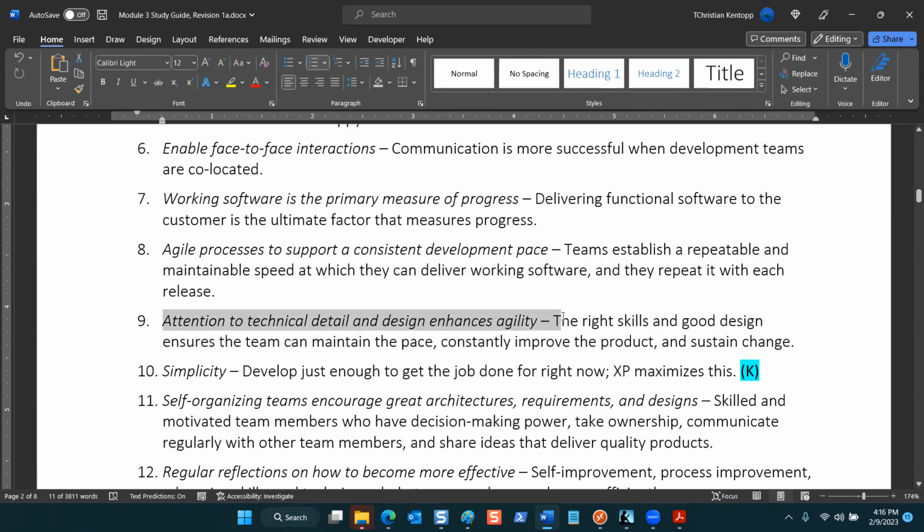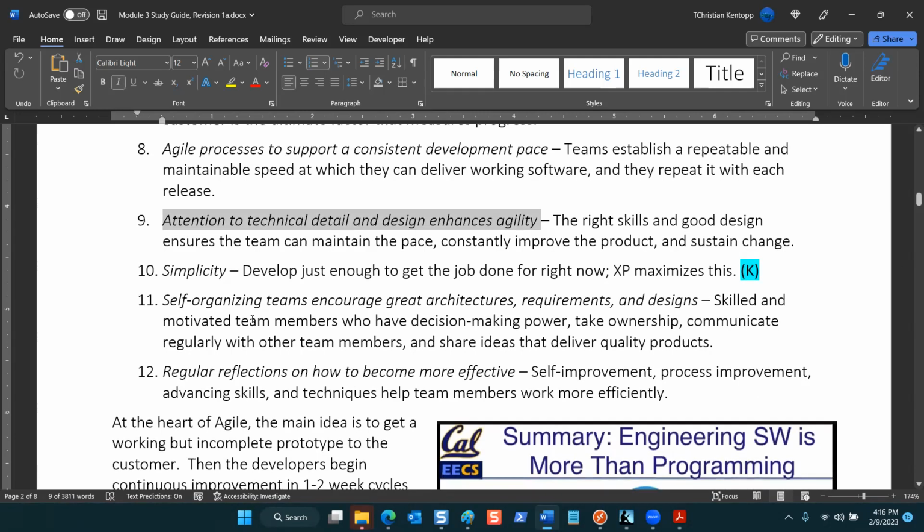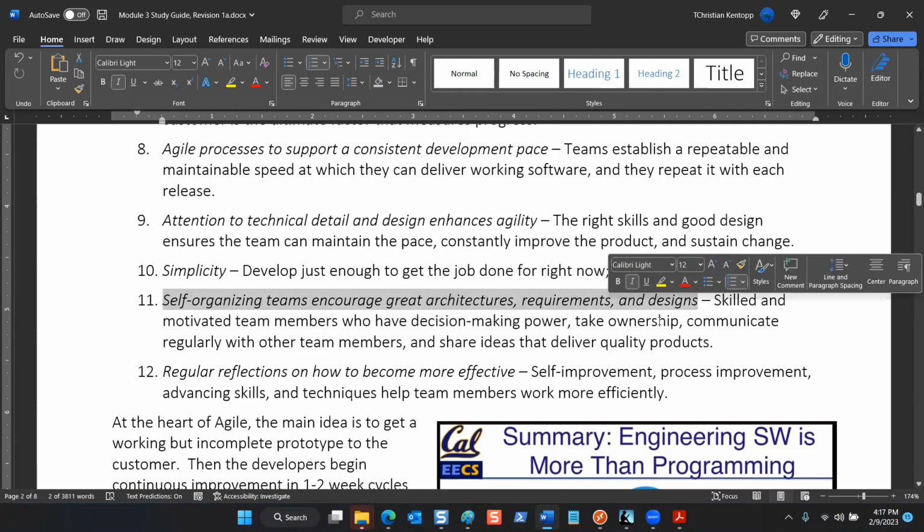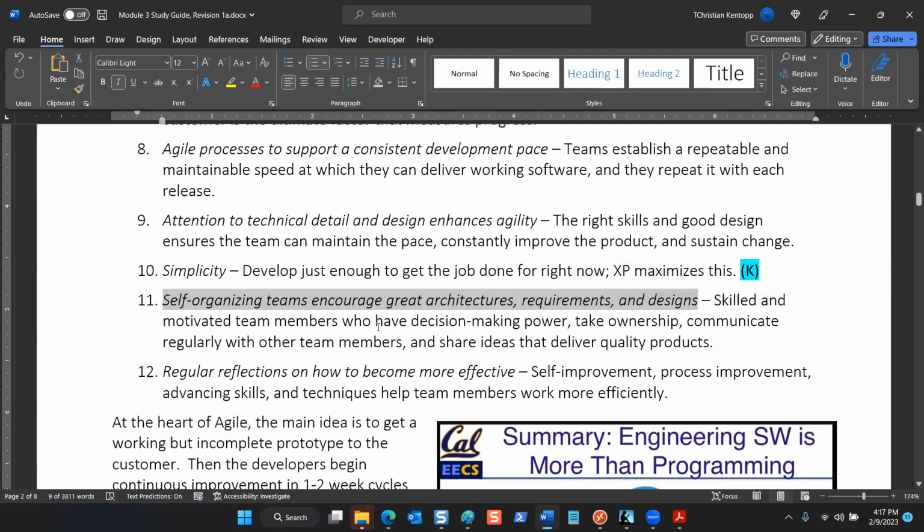Attention to technical detail and design enhances agility, simplicity, right? You don't want lots of complex stuff. Keep it simple, keep it working, keep it moving. Self-organizing teams encourage great architectures, requirements, and designs. The team decides, all right, let's divide and conquer. Who's handling the database?